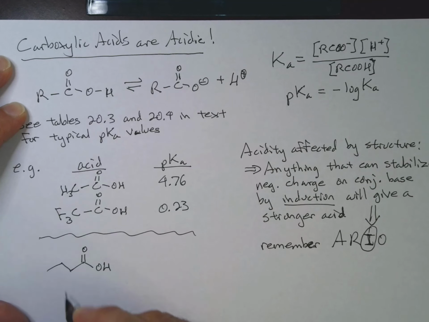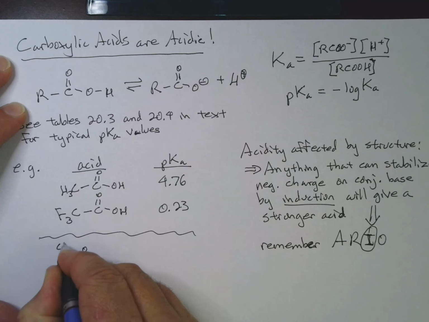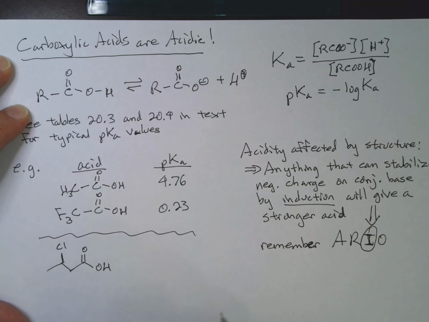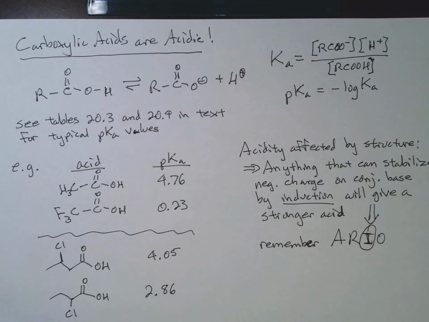And I should note that the effect does depend on how far away the electron withdrawing group is. So if I have a beta chloro or 3-chlorobutanoic acid, my pKa is around 4. But if I have the 2-chlorobutanoic acid, my pKa is a bunch lower, 2.86.